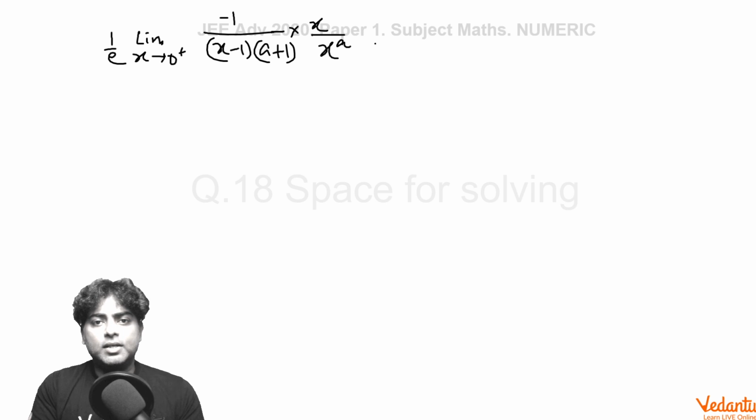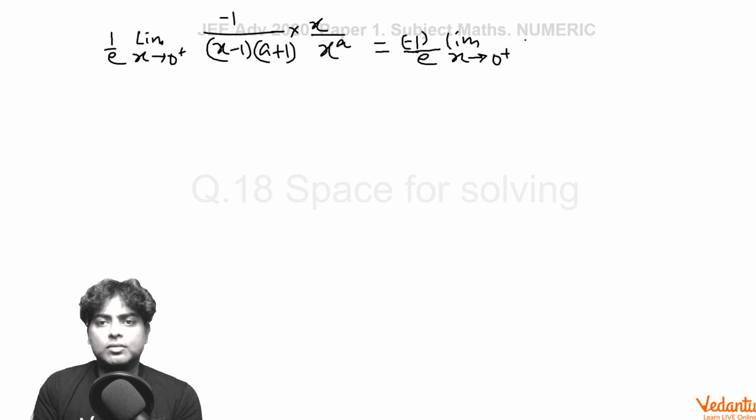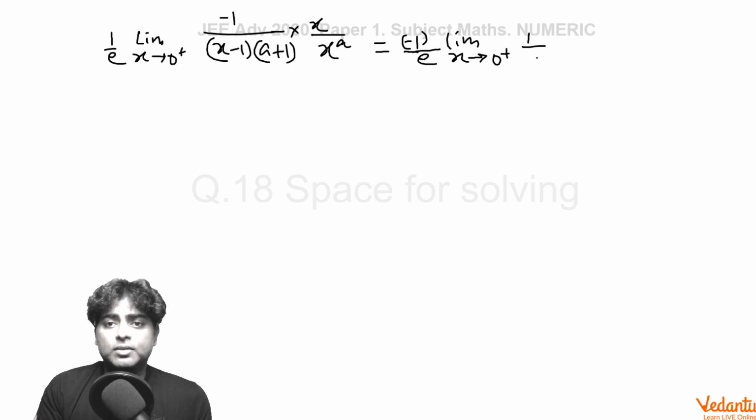So finally we can write it as 1 by e limit x tends to 0 plus, then minus 1 we can take common, and then when x tends to 0, x minus 1 tends to minus 1, so minus 1 here also, and then a plus 1, then x raised to the power 1 minus a.